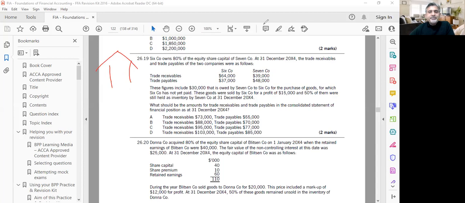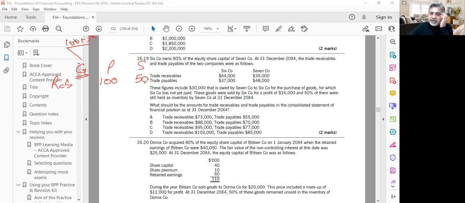What does that mean? Let's suppose that parent receivable was 100 and subsidiary receivable was 50, and they ask you how much is the group receivable. You should not be totaling them. You cannot say that 100 plus 50. You need to see how much of this receivable is intragroup.